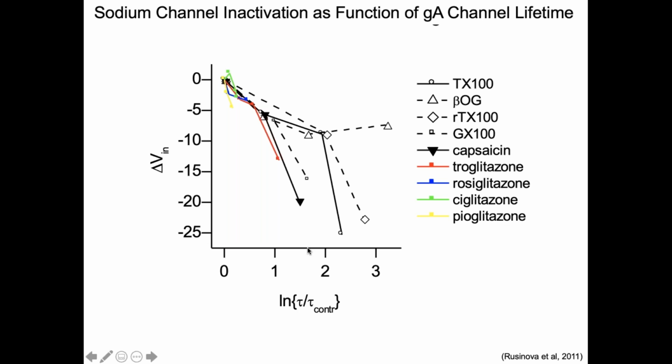That is, there seems to be a general change in the lipid bilayer properties that affect the gating not only of gramicidin channels, but also of the much more complicated voltage-dependent sodium channels that are embedded in a cellular membrane.